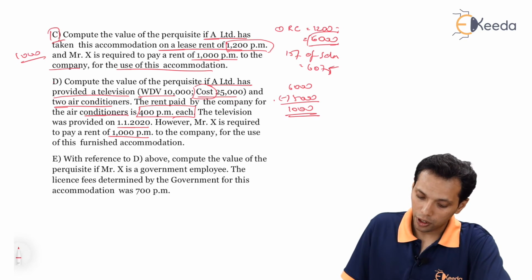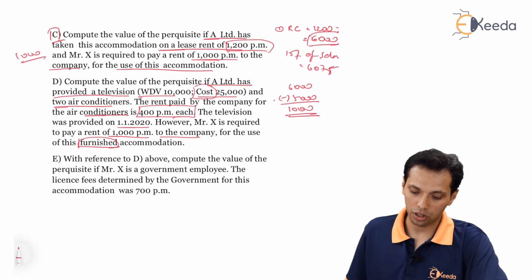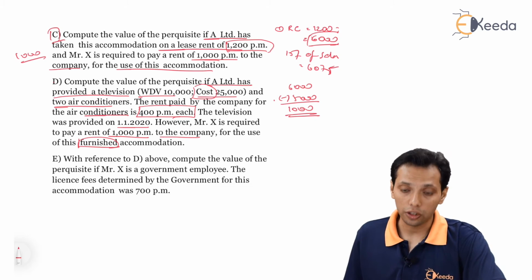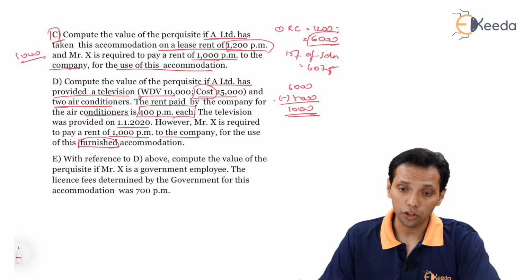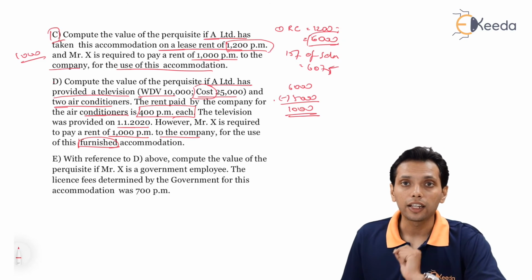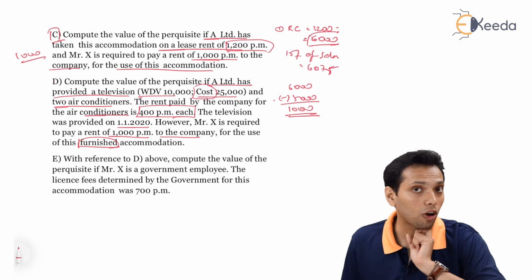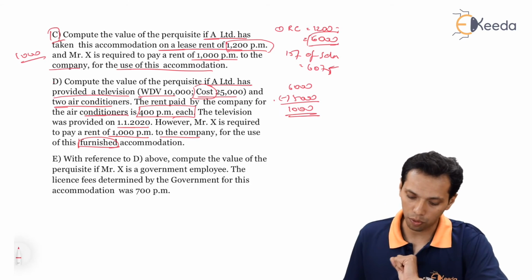Mr. X is required to pay a rent of 1,000 per month to the company for the use of this furnished accommodation. So we'll continue to assume over here that the accommodation is owned by the employer.